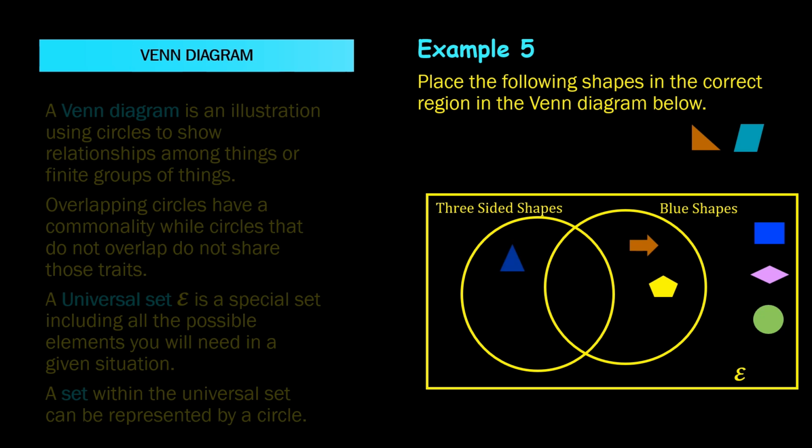This triangle goes in the three-sided shapes, but of course isn't blue. And this blue triangle goes in both the circles. And finally, this parallelogram is neither three-sided nor blue.